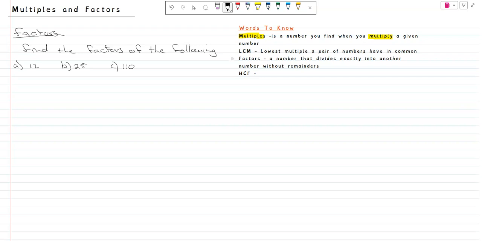Remember, factors is dividing. So let's look at what we're going to do: find the pairs of numbers that multiply to give 12. Remember, factors are smaller than the given number.